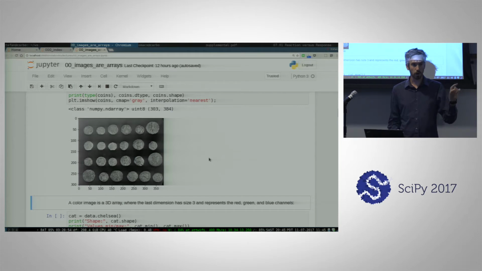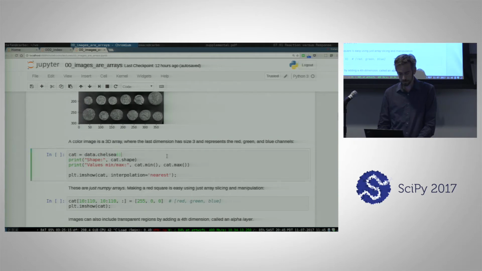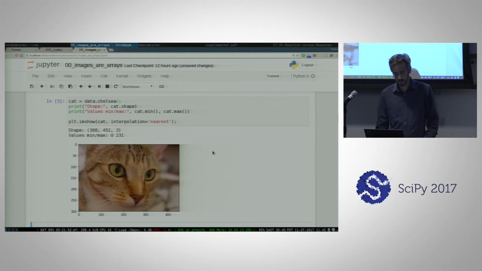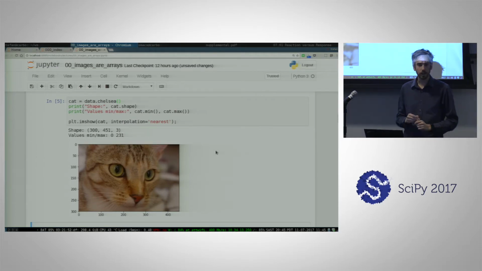So at each row, column position, you have 3 values, red, green, and blue. So again, we're going to use the test data set, in this case, Chelsea the cat. And if we look at that image, you see that the shape of that array is 300 by 451 by 3. And its data type is, again, uint8, so it ranges from 0 to 255.